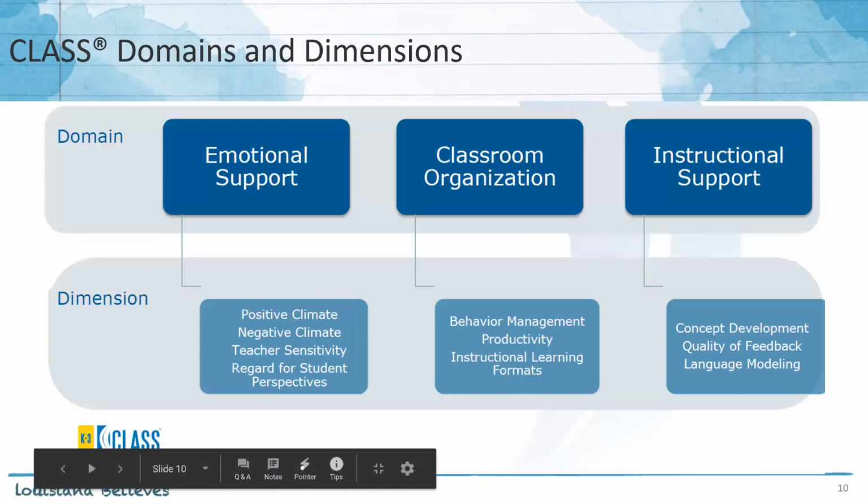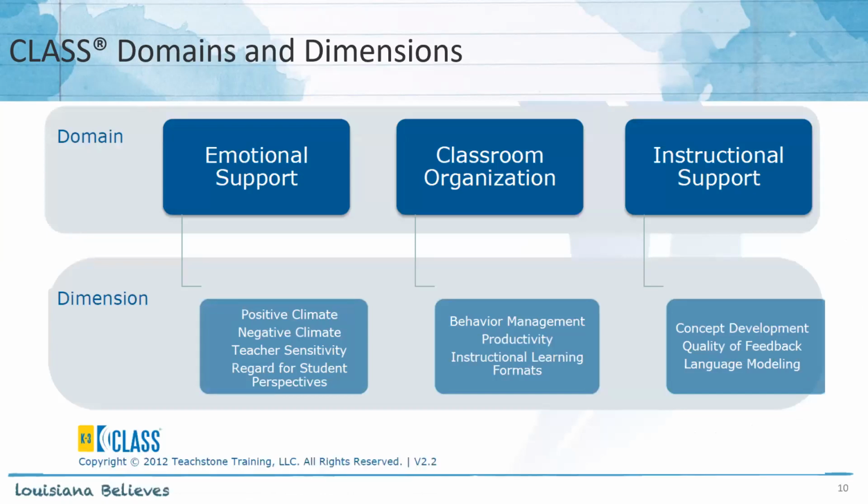So what exactly do those three domains measure? Before we explore the domains, it's important to understand the organization of the tool. So these three overarching domains, emotional support, classroom organization, and instructional support, are further broken down into dimensions, and there are measurable indicators within those dimensions that accompany them.